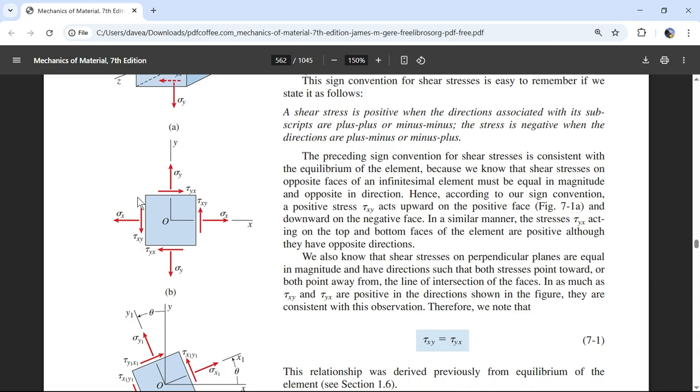Like in a beam, all we're interested in is the sign convention for vertical shear stresses. Because if this was in a beam, this shear stress is trying to rotate this thing counterclockwise. So this shear stress would be associated with a shear force that's going to, this would be a negative shear stress.